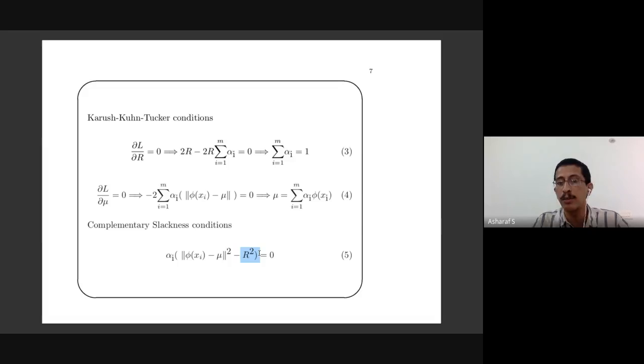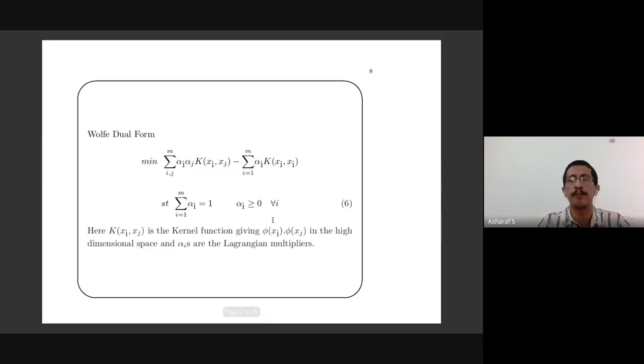So how do you get r? You find the average distance of the points where the alpha values are non-zero. So r is equal to the norm of phi of xi minus mu, essentially the Euclidean distance to those points where the alpha values are non-zero. That's how you get the expression for r.